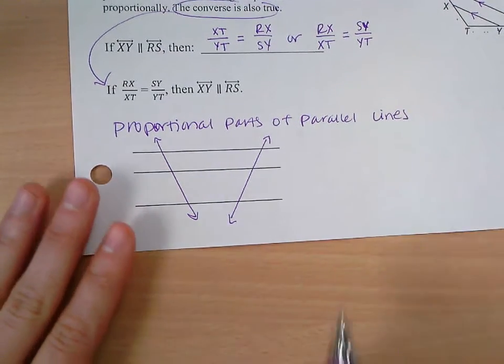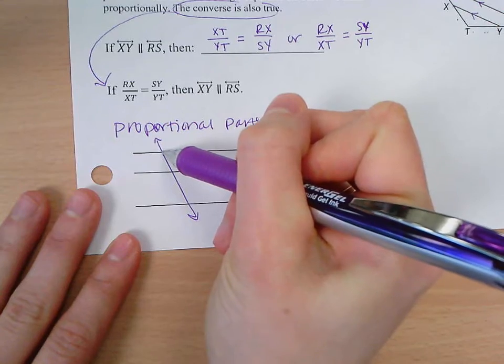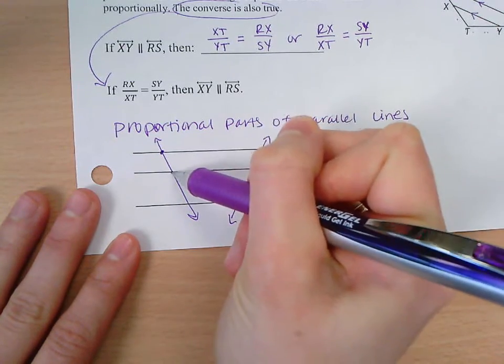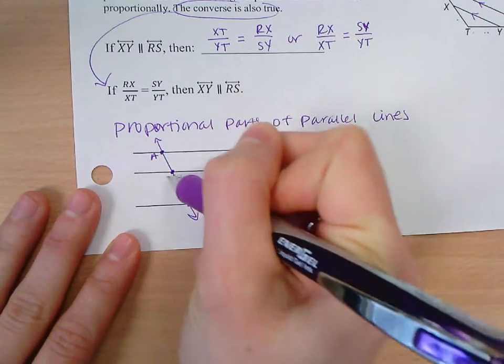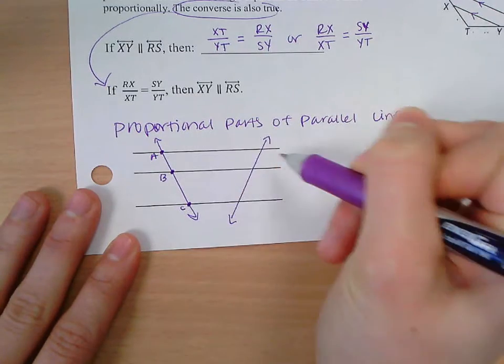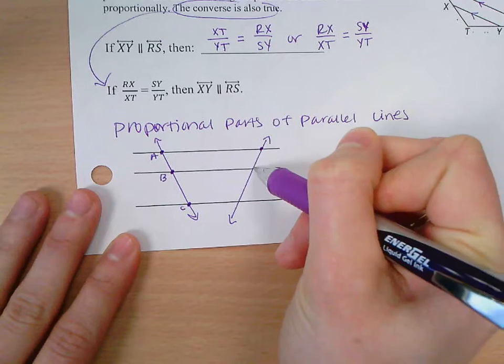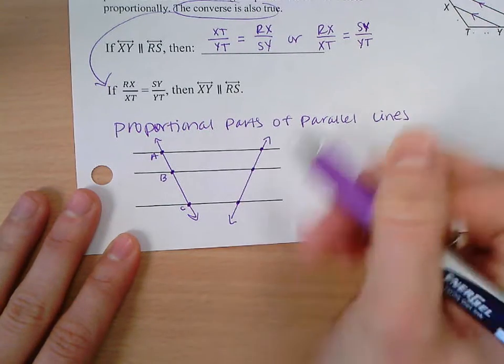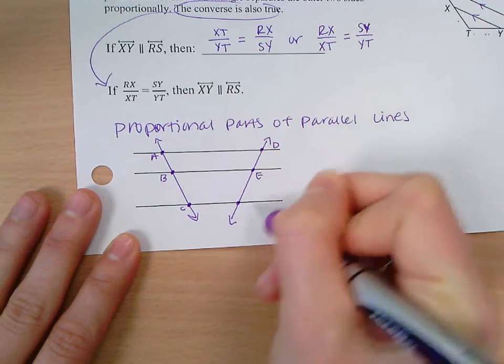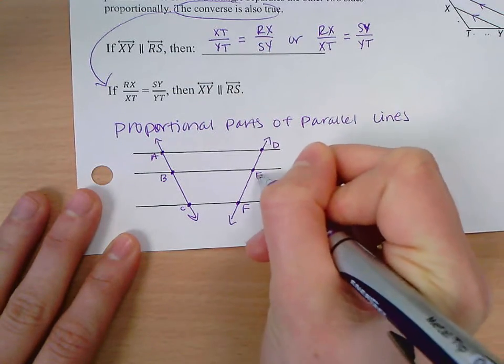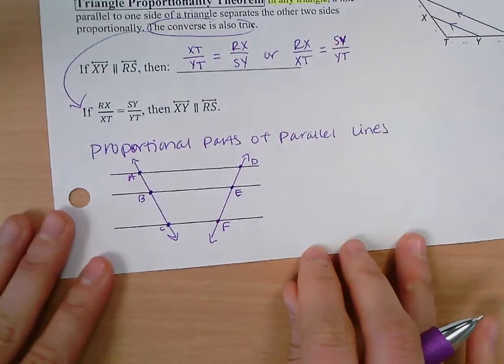And then I'm going to label these as points. I'm labeling points, not angles. But I'm going to label these 3 points here, A, B, and C. And then I'll label this D, E, and F.